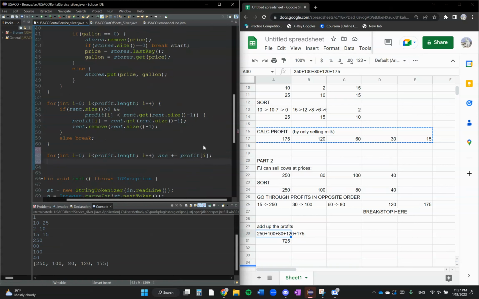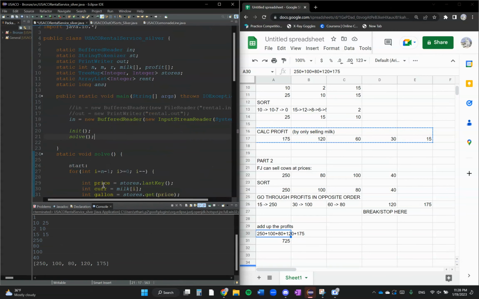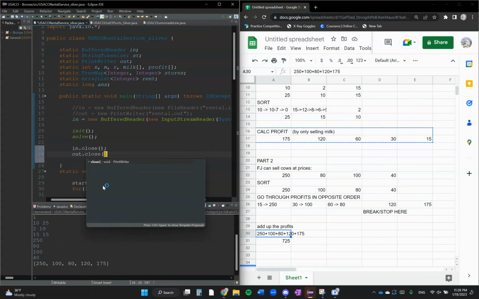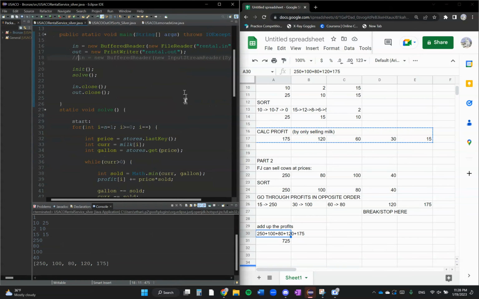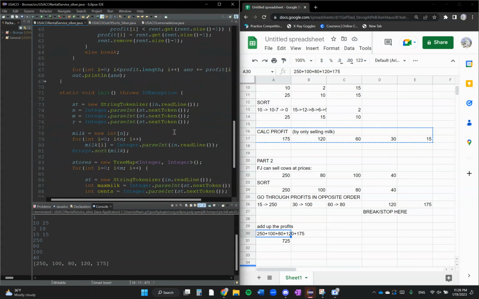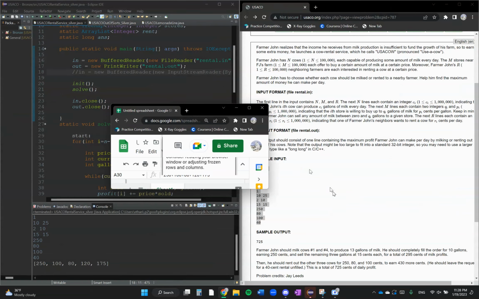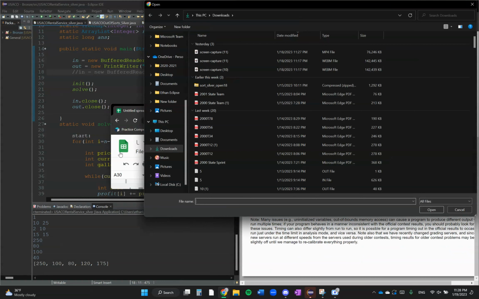And then I'm going to trust that it's correct, and for now, I'm just going to submit it immediately. There you go, and everything should be good. Java.